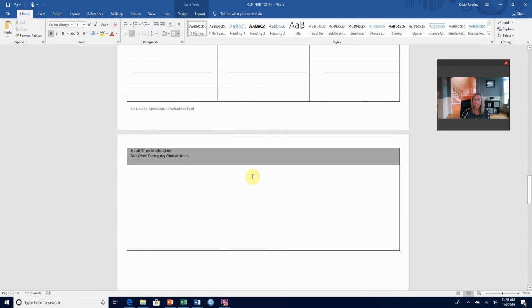So this area here is going to be for all the medications that they did not give during that time that were listed up there. And we want that down because if they listed an antibiotic or that Lasix and didn't put it up there, we want to say, hey, your patient has CHF with signs and symptoms of retaining fluid.